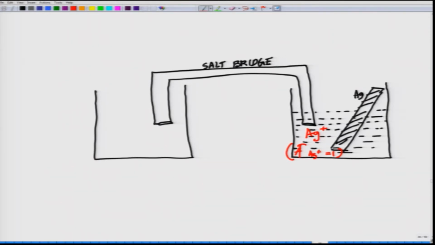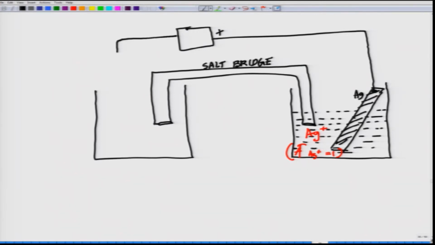On the other side we have the voltmeter sitting here, which is the positive terminal of the voltmeter, and on this side is the first electrode in this course that we are going to deal with, which we are introducing now.